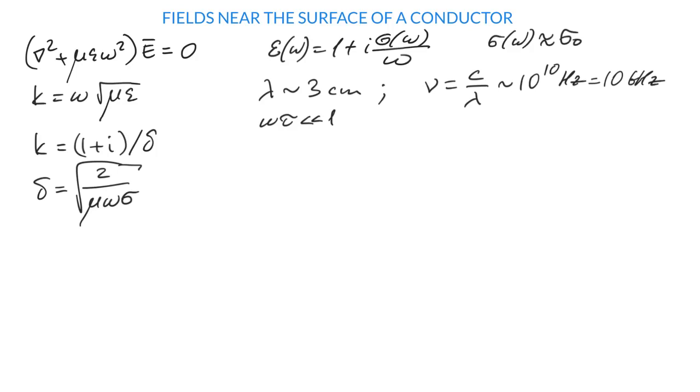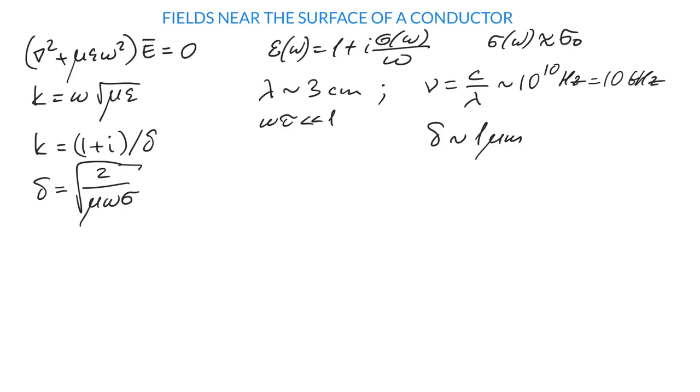Now, at microwave frequencies, so at the frequency of 10 gigahertz, this delta in good metals, such as copper, aluminum, or anything of that sort, will be of the order of a micron, or a little less than a micron. This micron is much less than the wavelength in vacuum, which is here of the order of 3 centimeters, as we assumed.